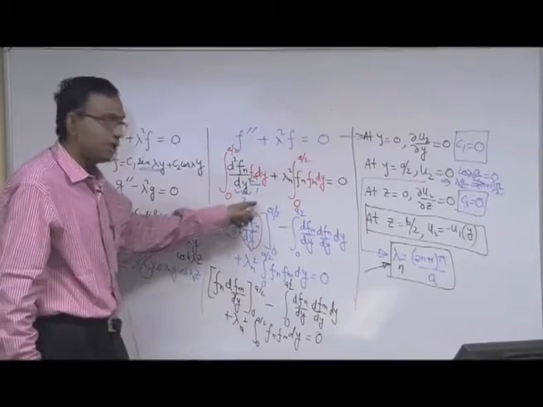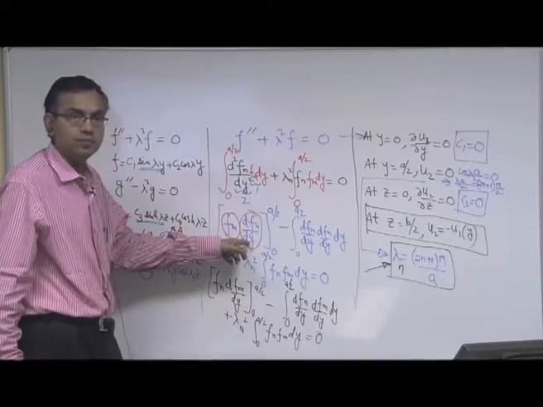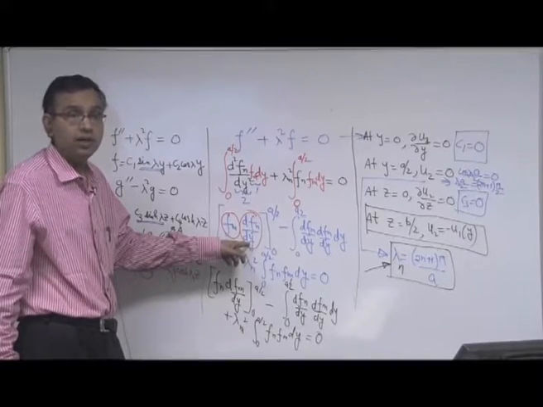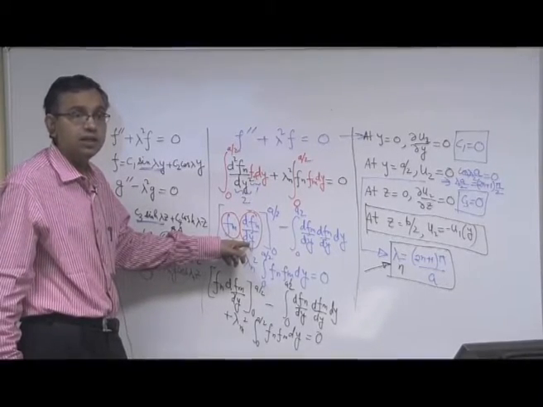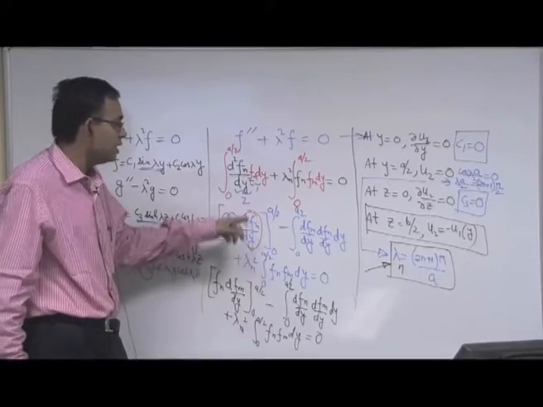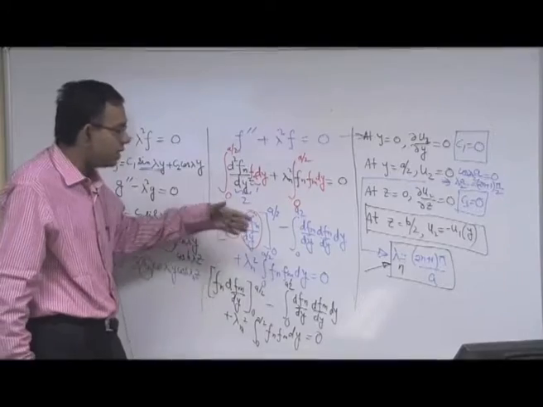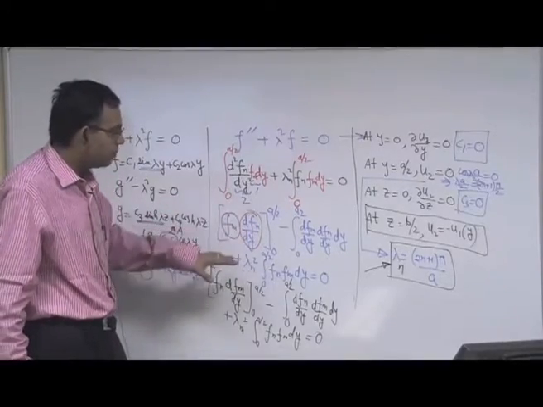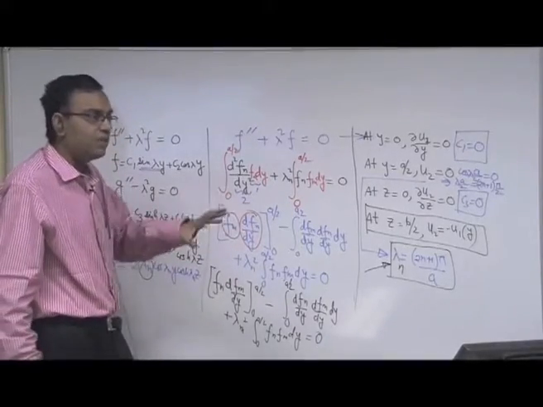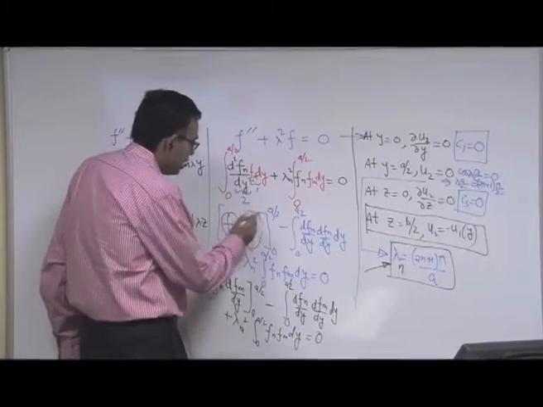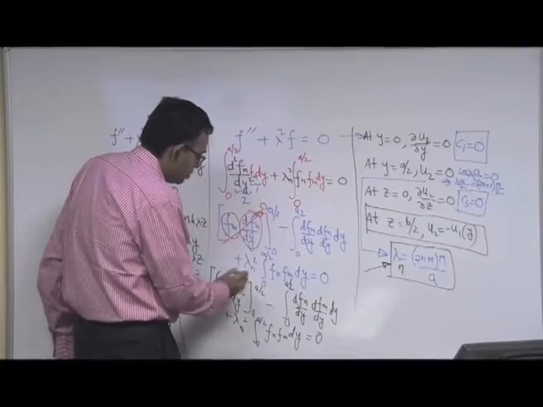So, that means this boundary term becomes 0. See, this is where we require the homogeneity of the boundary condition. Had the boundary conditions not been homogeneous, this boundary term would not be 0, and that would give rise to some sort of complication. You may avoid the complication in a way which I will discuss in a moment, but here this boundary term is 0, this boundary term is 0.